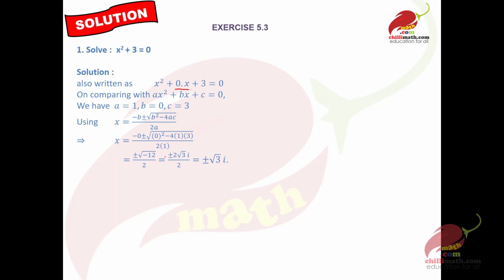Minus 12 square root is 2 root 3, because minus is in square root, so we'll use iota, and after this we can cancel this 2, so we get plus minus root 3 iota as your answer.